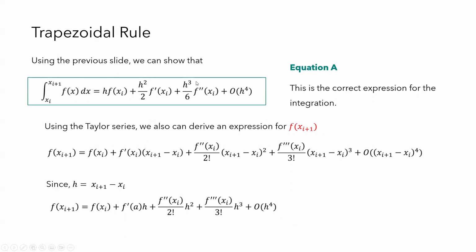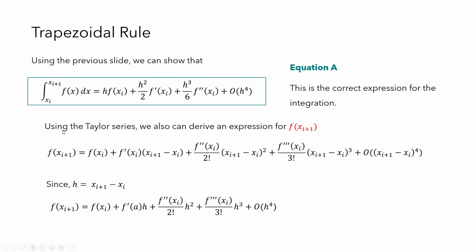So finally, this is the expression we found for the integral of f of x between xi and xi plus 1. So this is the correct, or the true, expression for the integral. Let's label it as equation A.